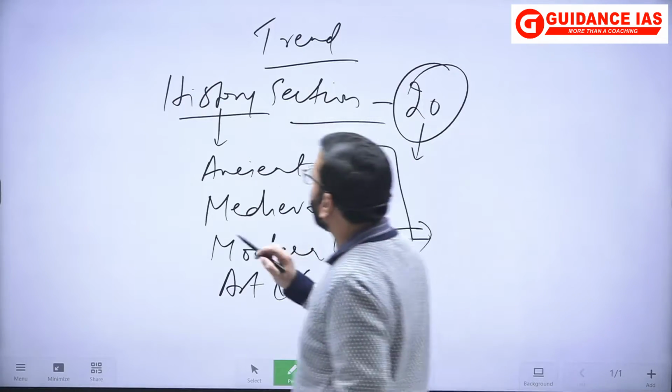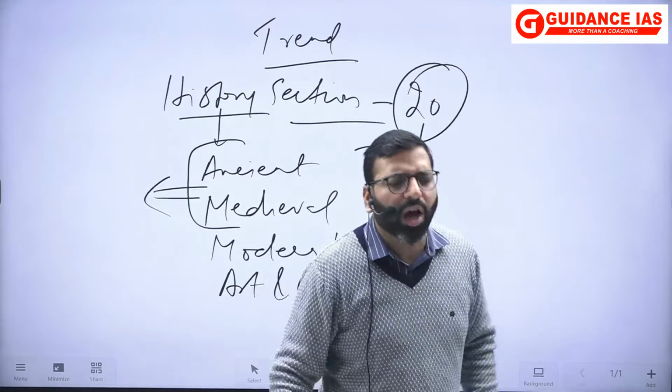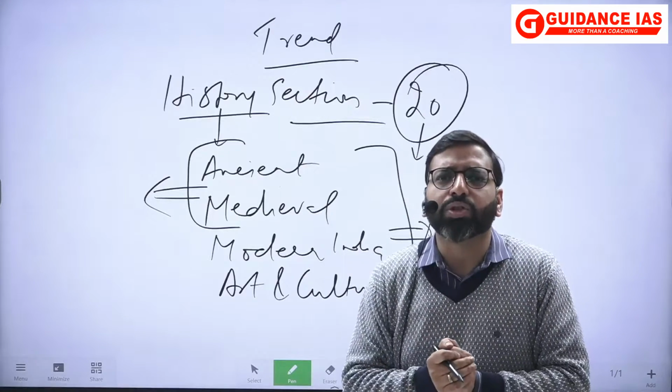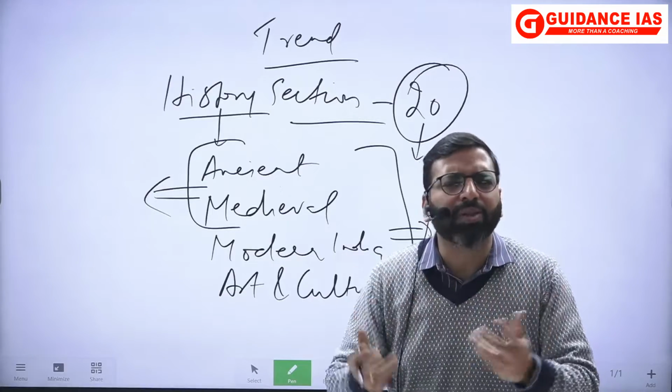So we will find that the ancient and medieval section, which was earlier, say 3 or 4 years back, not that important for your prelims, up to 2017, 16, was not a very important section.